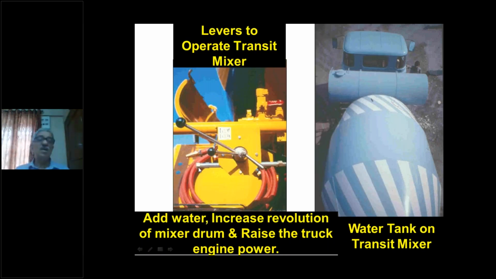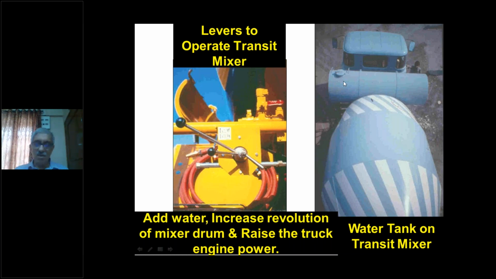The transit mixer works on 3 levers. One is to add water. One is to increase the revolution of the drum mixer. And one is to raise the engine of the truck, in case you require more power to be given when you are increasing the number of revolutions.